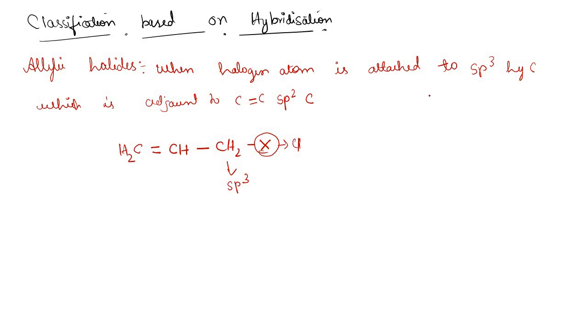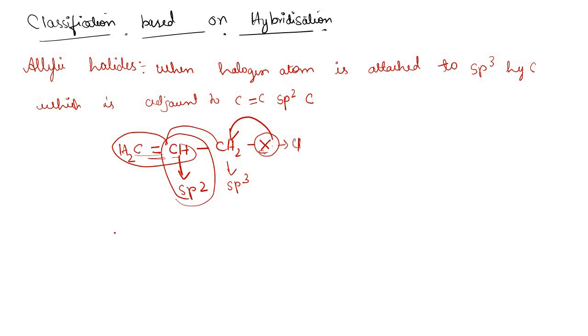When a halogen atom is attached to an sp3 hybridized carbon adjacent to the carbon-carbon double bond. See, there is a double bond between these two carbons. This is the sp2 hybridized carbon, and the halogen is attached to the sp3 hybridized carbon adjacent to that sp2 carbon. The definition is meant in such a way.